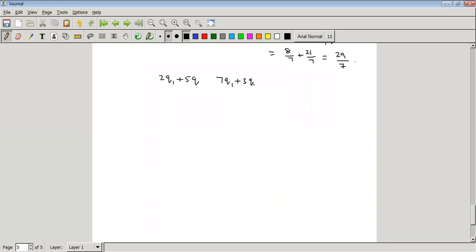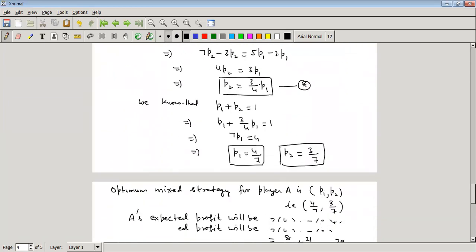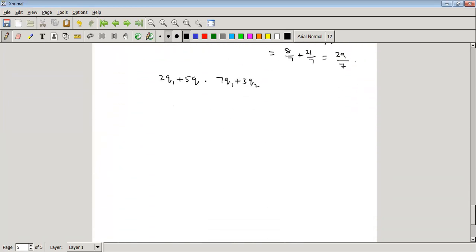Right? So if we equate them, if both are equal, then we get 7 minus 2, 5Q1 equal to 2Q2. So Q1 equal to 2 by 5 Q2. So we get Q1 equal to this, right?